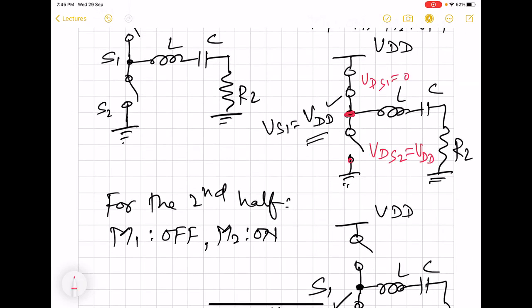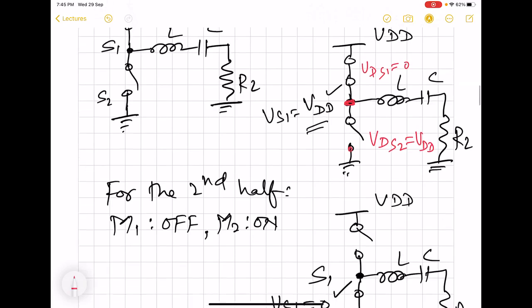So during the first half, MOS2 experiences a maximum voltage of VDD.